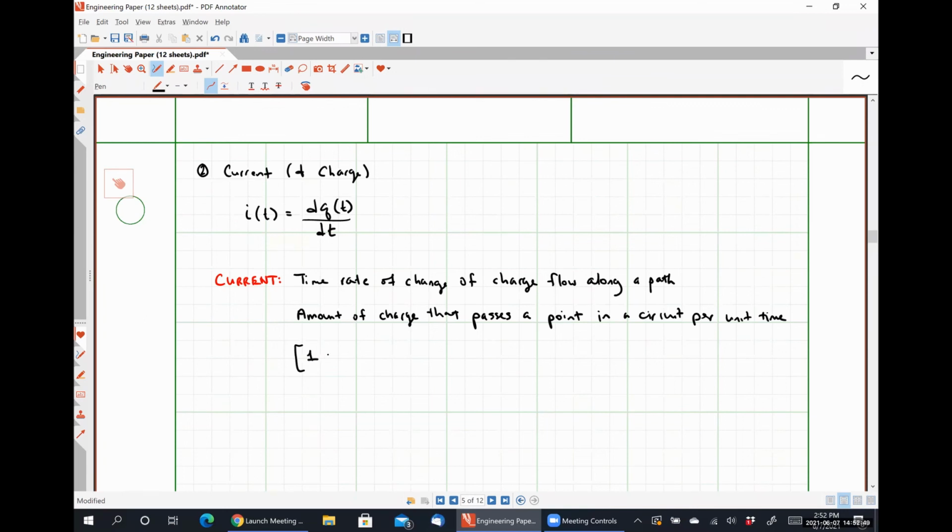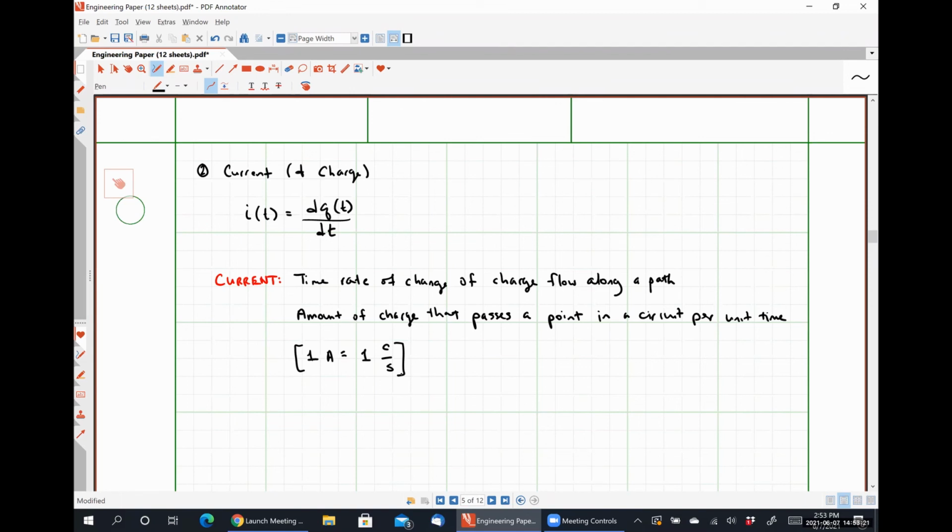The unit of current is 1 ampere, and an ampere is fundamentally 1 coulomb per second. It's likely that this second definition is the one you're most used to. But now that we've had a bit more calculus than we had in Engineering 120, our more formal definition is that of a derivative-based relationship.